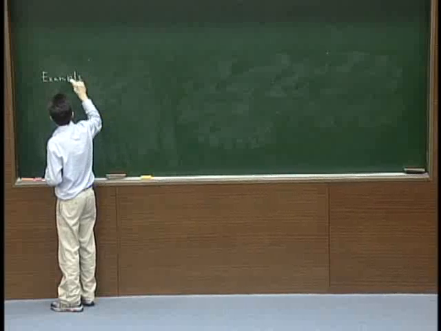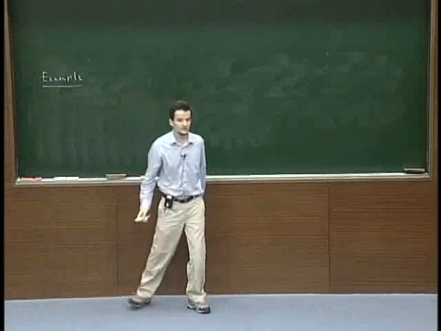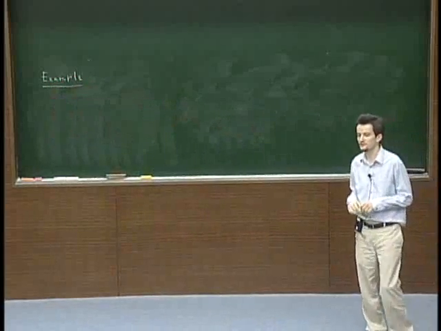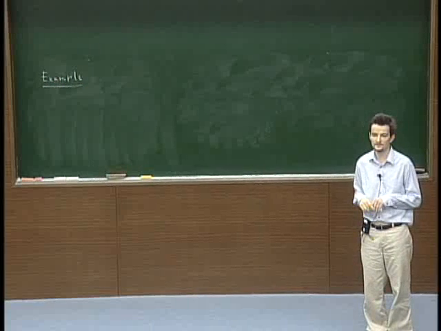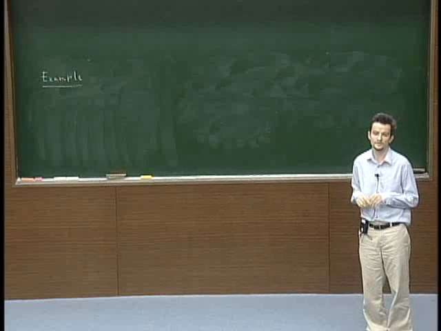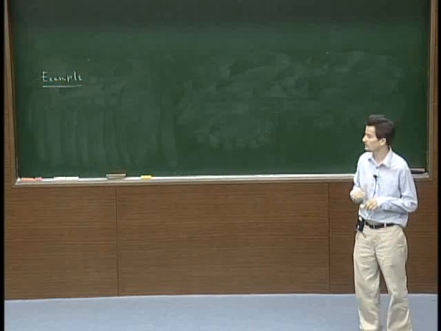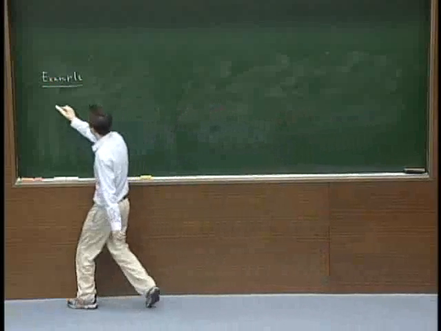Now, if you look at some examples, and you know this already from high school, the inverse of the theorem is not necessarily true. Whenever you find a point where the derivative is equal to 0, it is not necessarily true that the function has a local extrema at this point. We already saw one example.